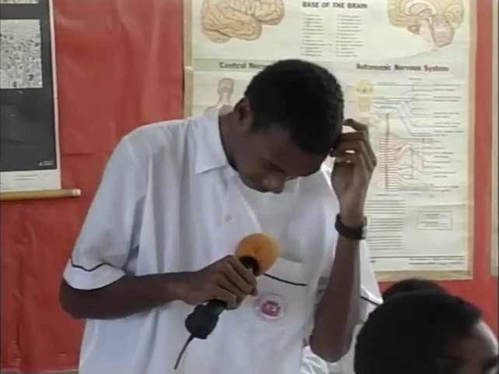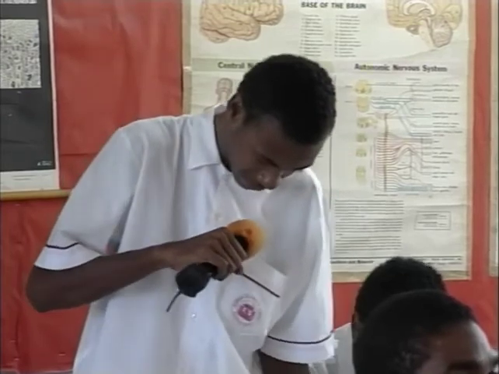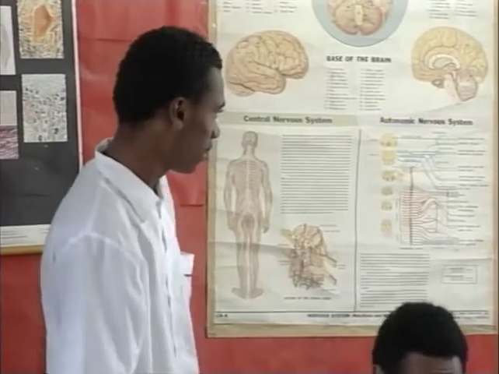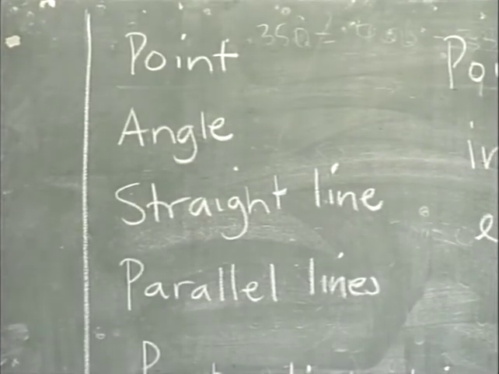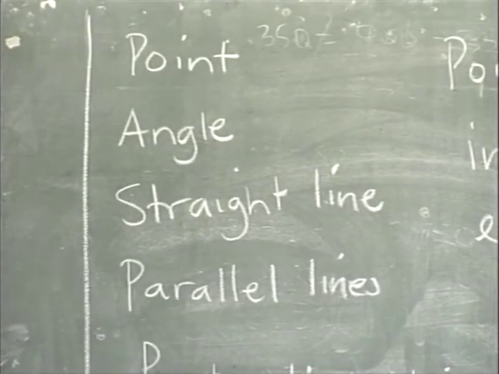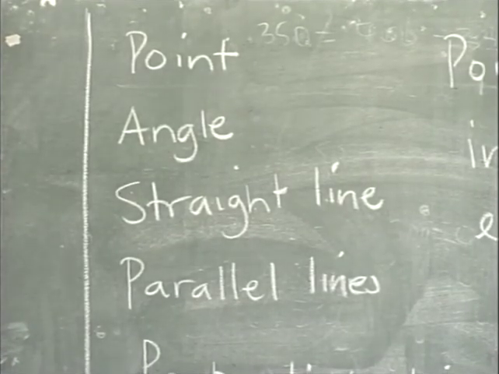A point has a position but no size, although to show it on paper it must be given some size, which you normally find on a graph. A point has a position, but it has no size. But so long as it's shown like this, it has a bit of size because you can measure that. Okay, good, Livingston, very well done.